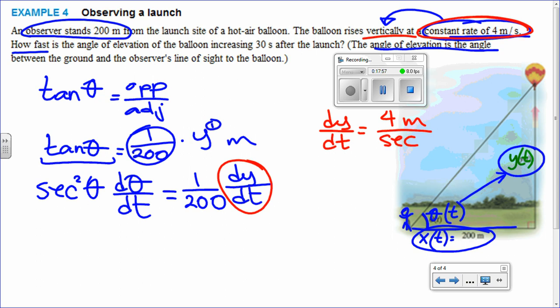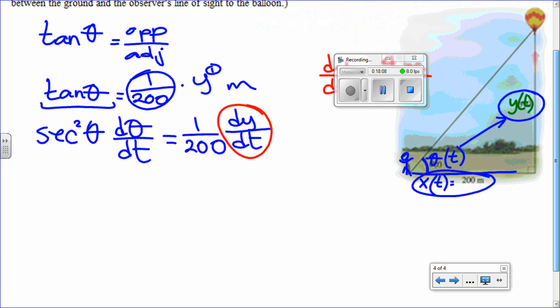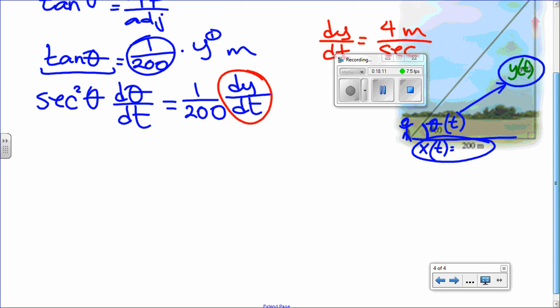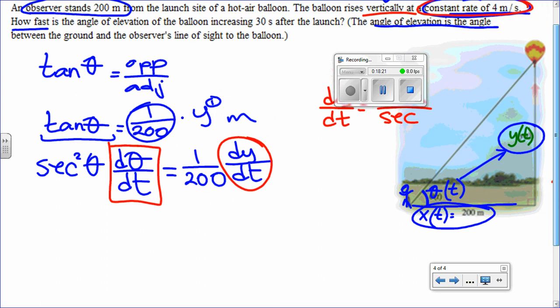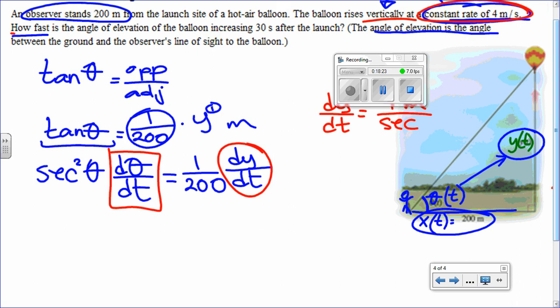So we're going to be replacing that with 4 meters per second, but before we do that, we're going to be solving for d theta over dt, because that is what the question is asking us. The question is saying how fast is the angle of elevation, right here, of the balloon increasing. So that's telling us it will be positive 30 seconds after the launch.